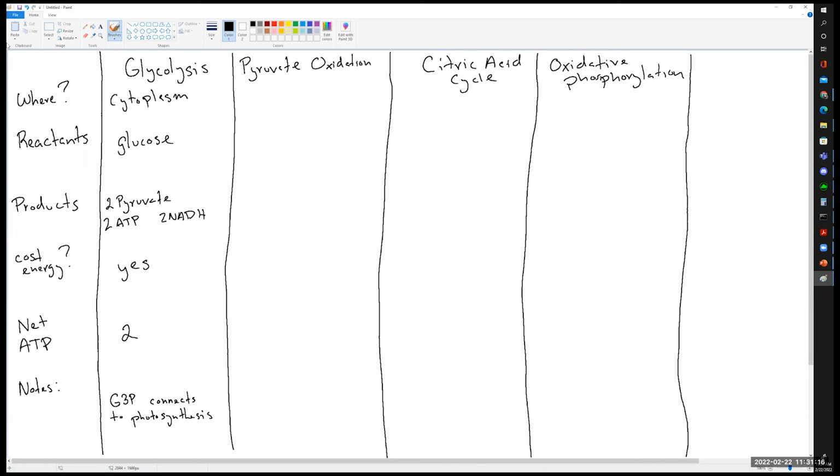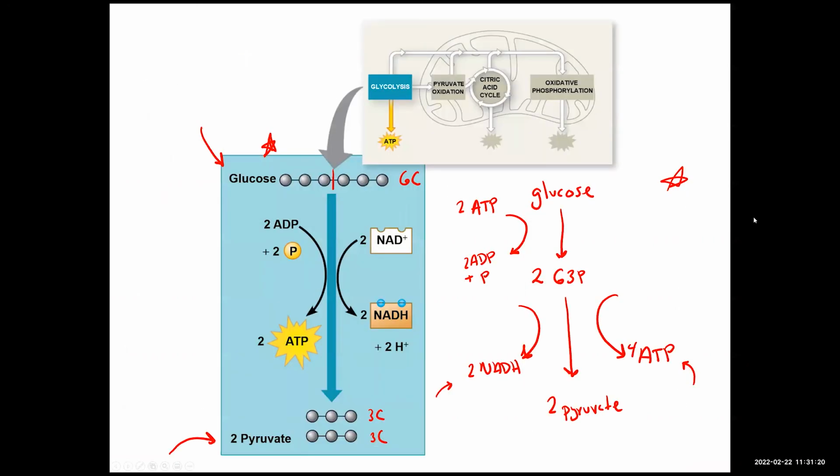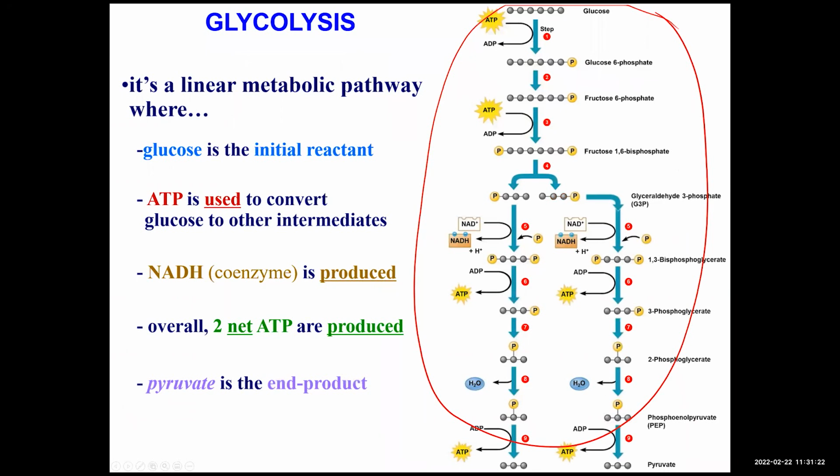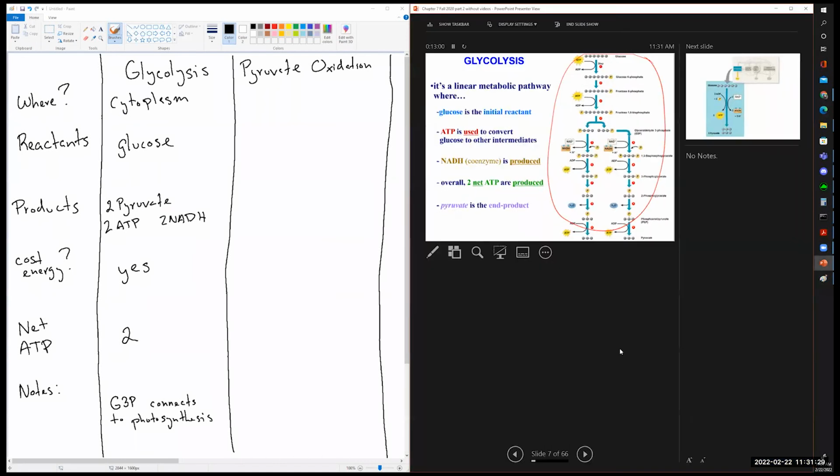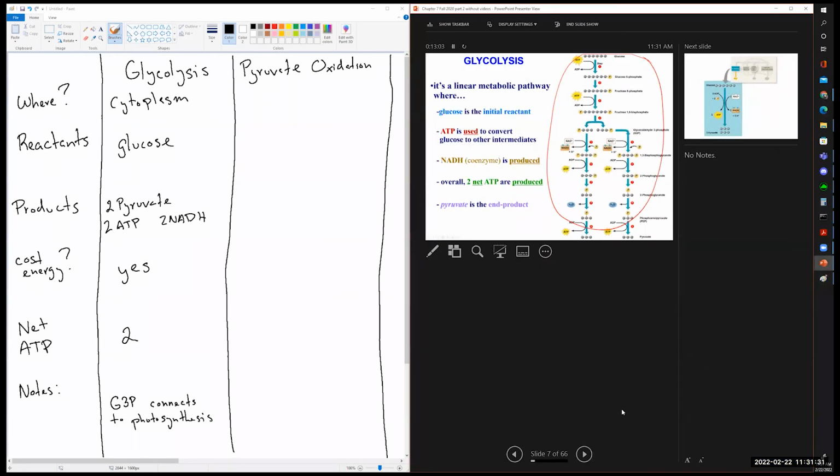Does that help make this really scary looking pathway not so bad? Yes. Okay, so that's the goal today. We're going to take all these big pathways and we're going to break them down to the details that you need to know.